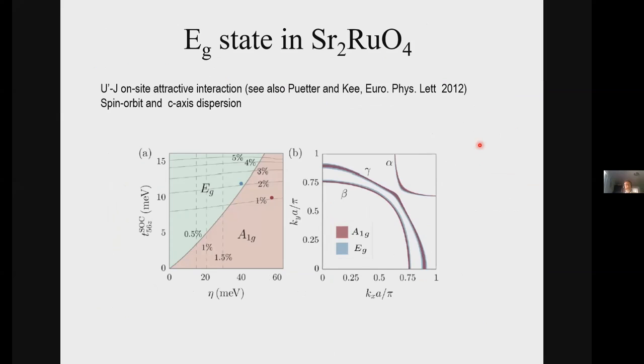We find that there are two generic ground states in our theory. There's an A1g state, which is nodal, and there's an Eg state. Both of these states are actually close in energy. If we play with some normal state Hamiltonian terms, like spin orbit, and change it by a couple meV, we can drive a transition between these. So those modes are likely to be there, yes.